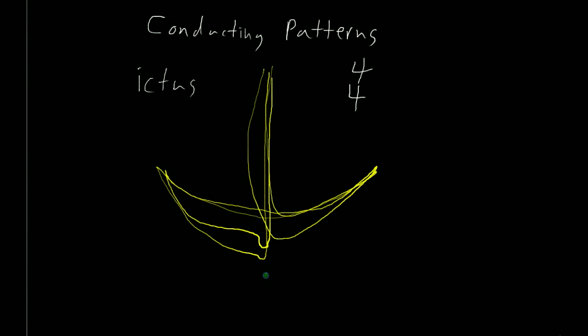So at the bottom, that's where beat 1 happens. Then we go down for 1, to the side for 2, right over there. Then we come across and over here, and this is beat 3.